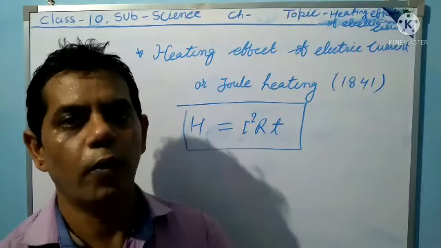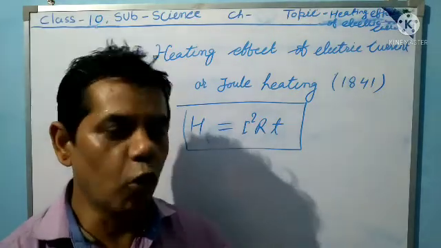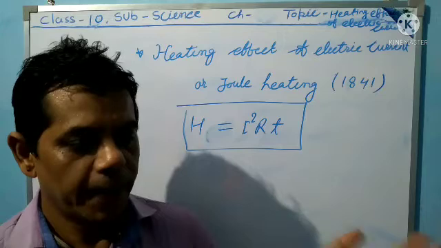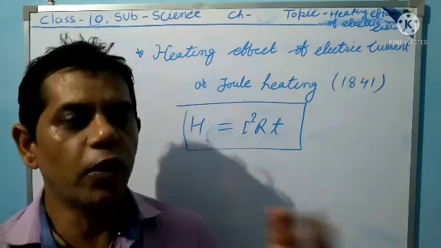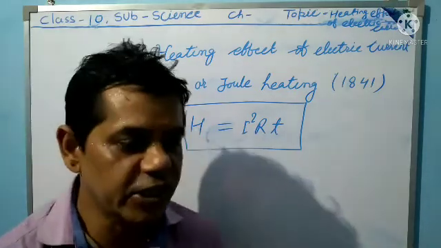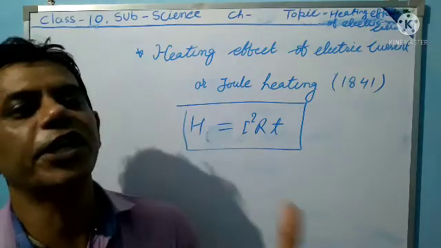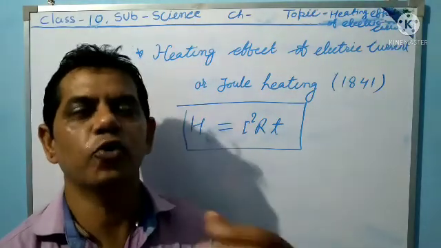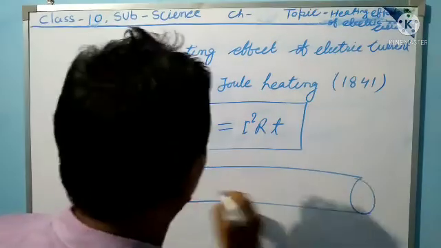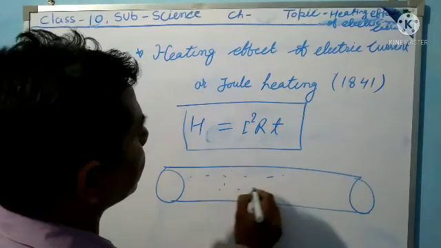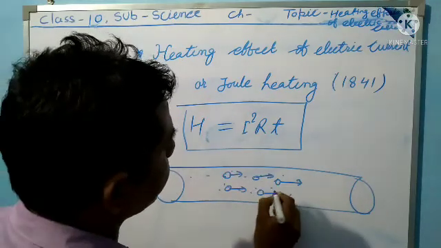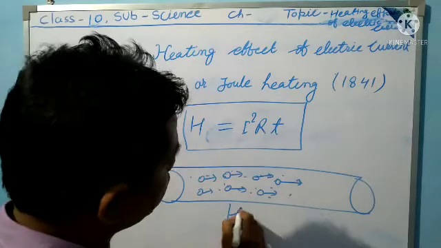When more electrons flow, the movement is more, so heat is produced. More electrons flowing means more electricity passing through the wire, so more heat is produced in that wire. That is Joule's law.